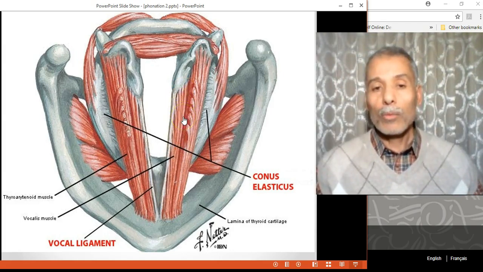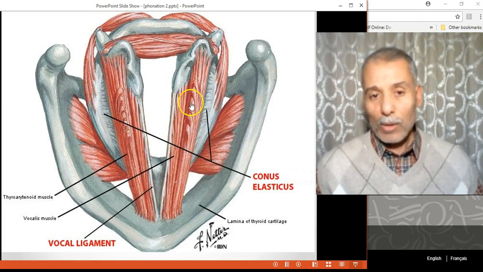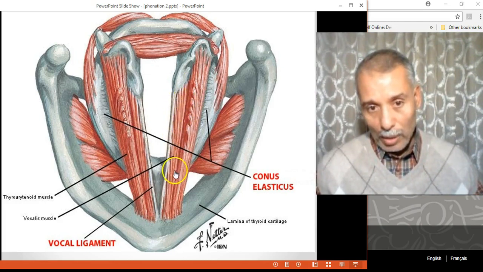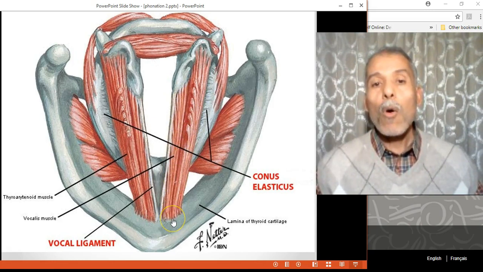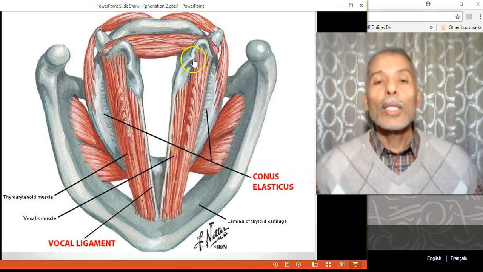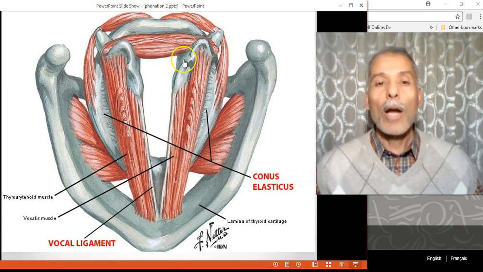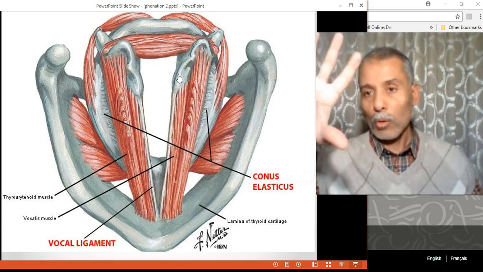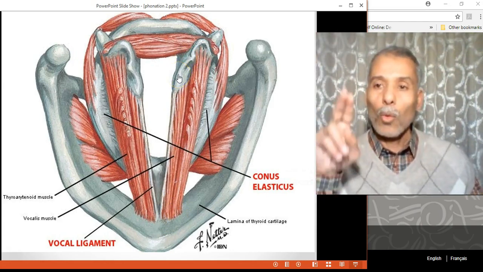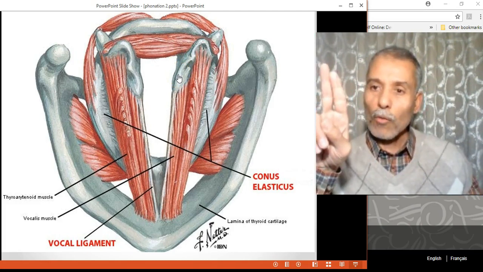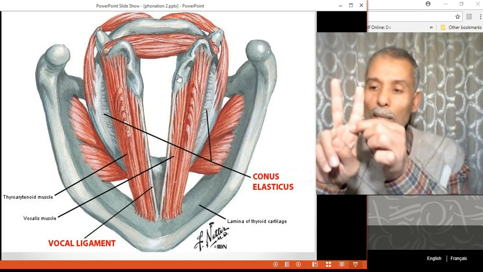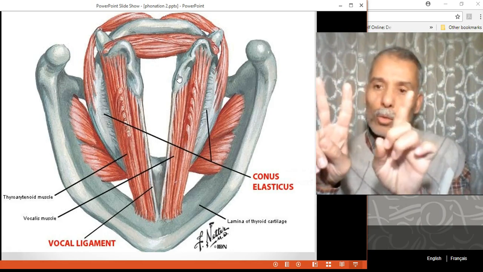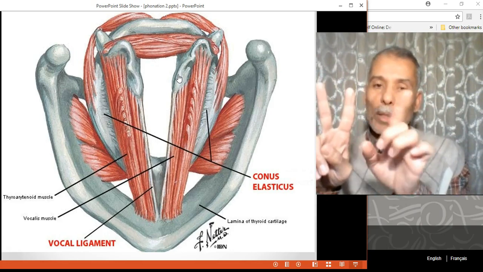So, again, just to emphasize, this whole piece that you see on one side, that is called the thyroarytenoid. Thyroarytenoid. That's the vocal fold, one vocal fold. So one vocal fold has two strands of muscles. One is the one that is closer to the opening, to the glottis.